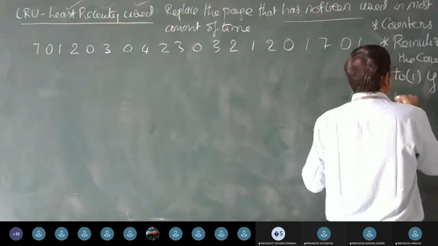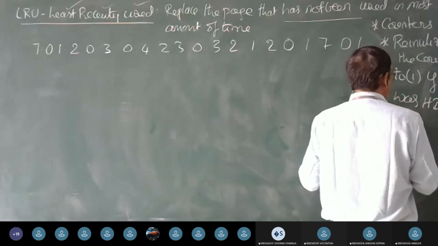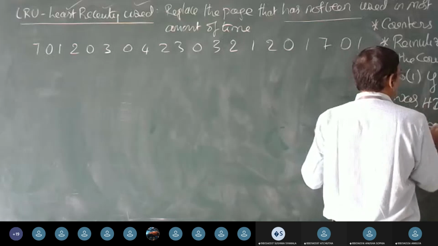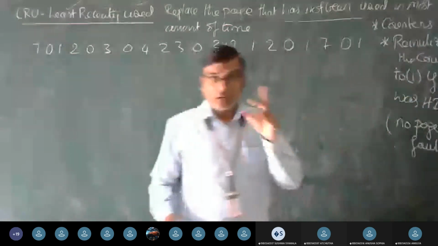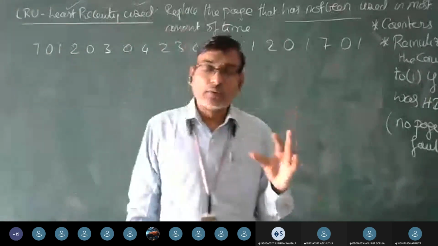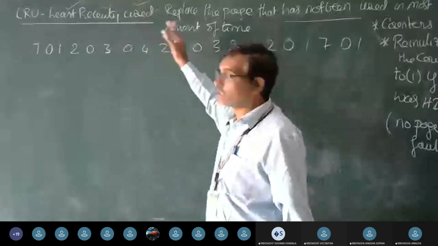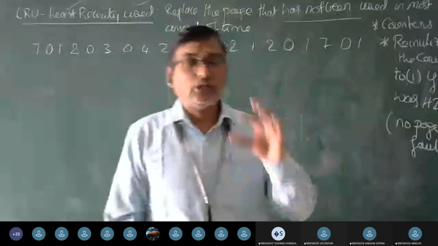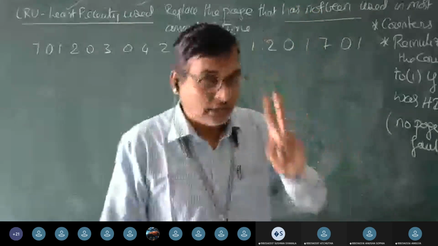If there was a hit, that means there is no page fault, the default rule is that I have to reinitialize the counter. That was one more condition pertaining to least recently used. In least recently used, you can use counters or we can use stacks. That is done. Next one.